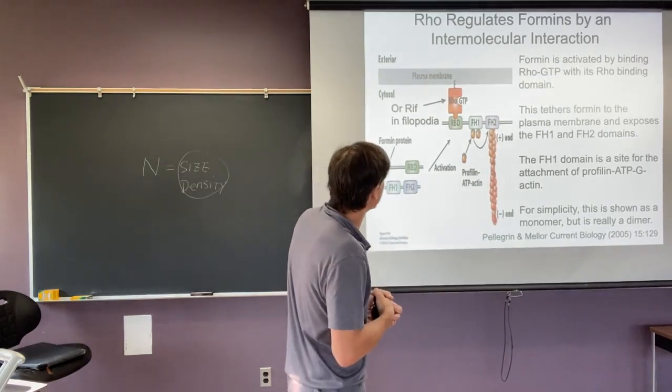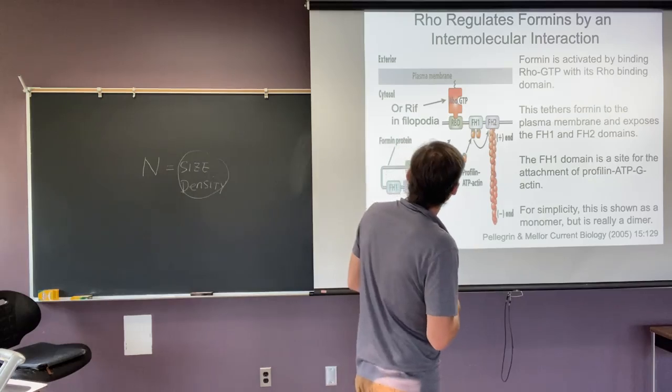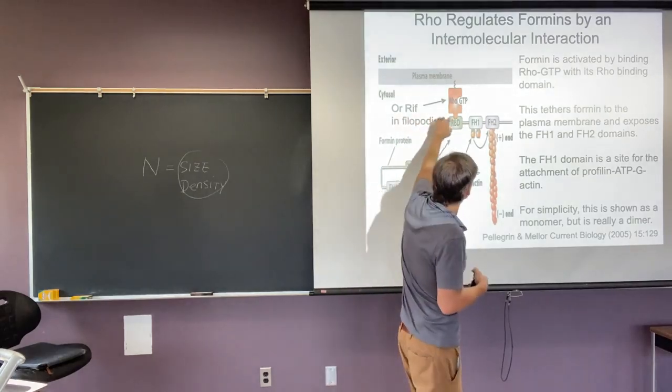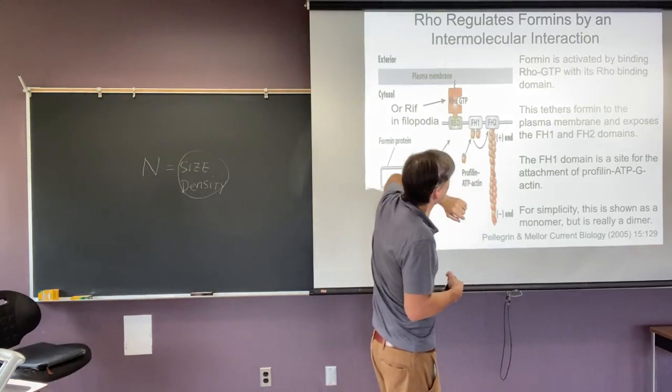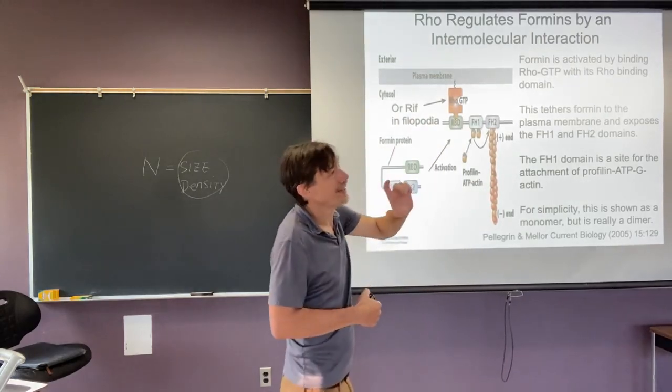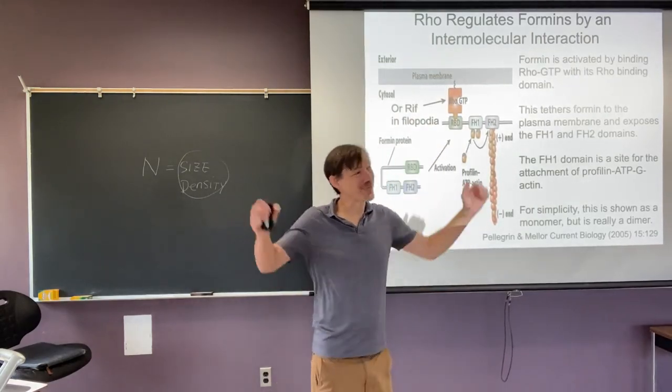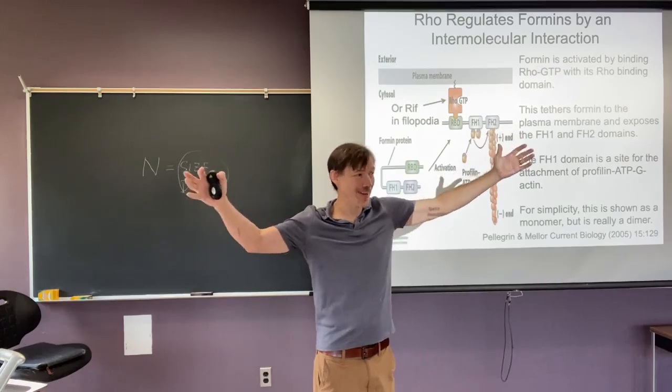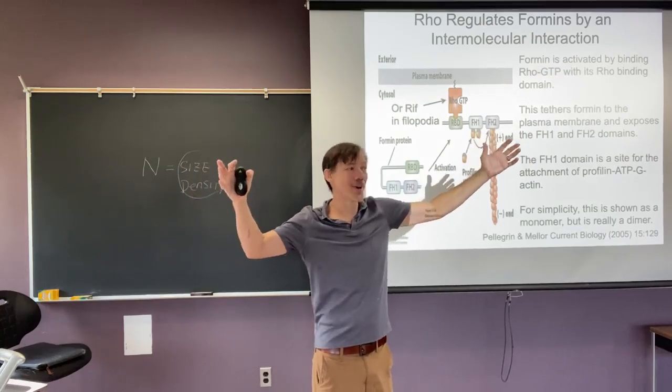And in this particular case, you can have Rho itself. So Rho is a protein that is found in the Rho family GTPases, which will seem very confusing.